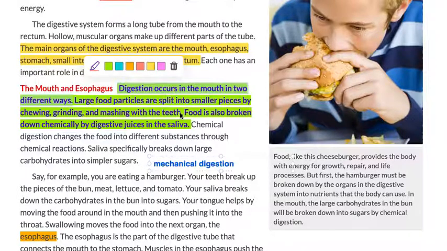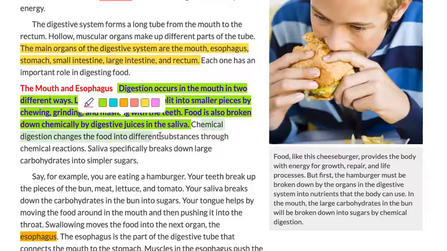That is basically when we chew, grind, and mash our food with our teeth. That's one way that we digest food. The other way we digest food is through chemical digestion. And chemical digestion, they have it here, is how food changes into different substances through chemical reactions.